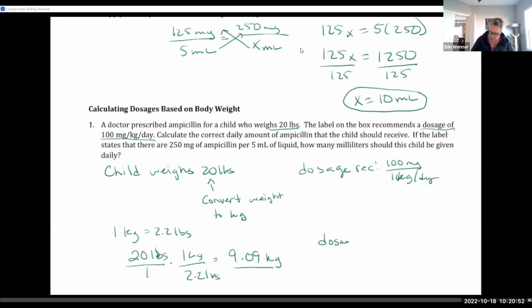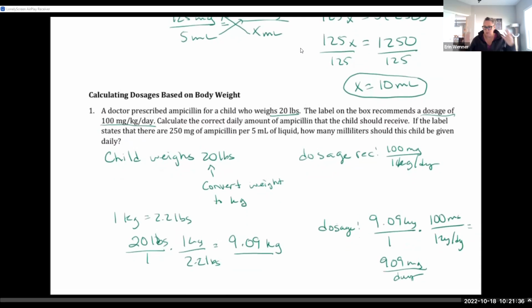So the dosage is going to be the child's weight multiplying by our 100 milligrams per kilogram per day, which is going to give us 100 times 9.09, which is 909 milligrams per day.